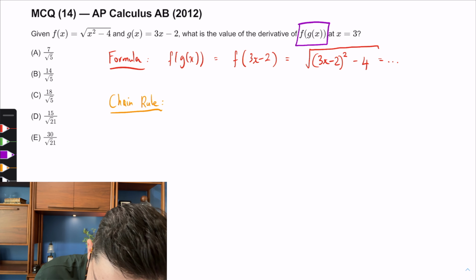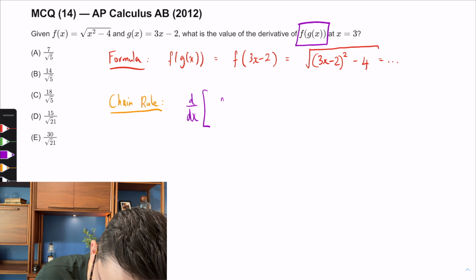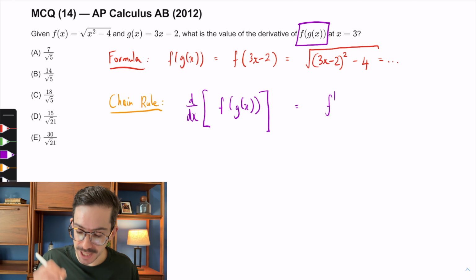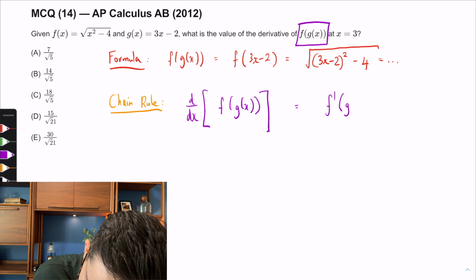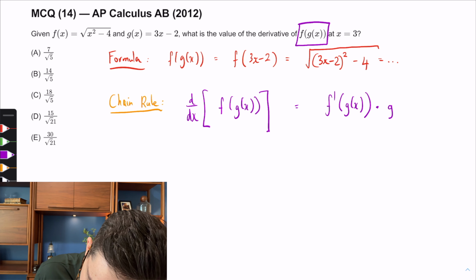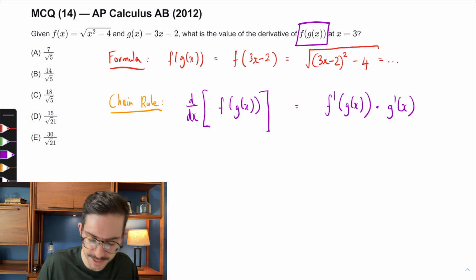So the chain rule says if I take the derivative of a composite function, what I'm supposed to do is take the derivative of the outer function f evaluated at the inner function and multiply by the derivative of the inner function evaluated at x.